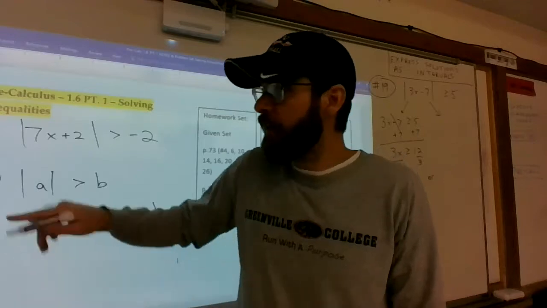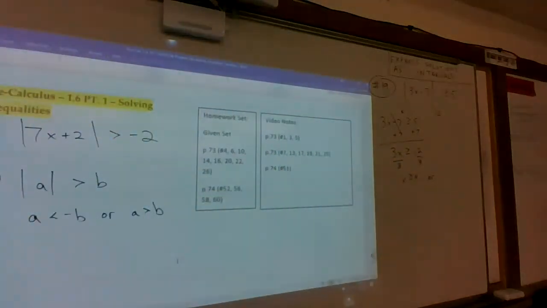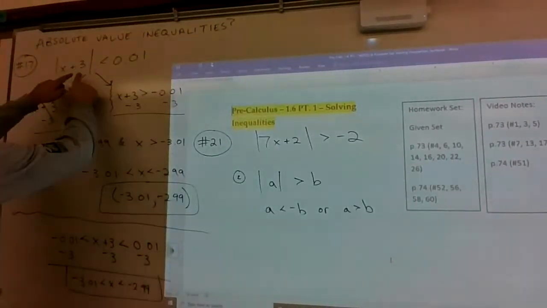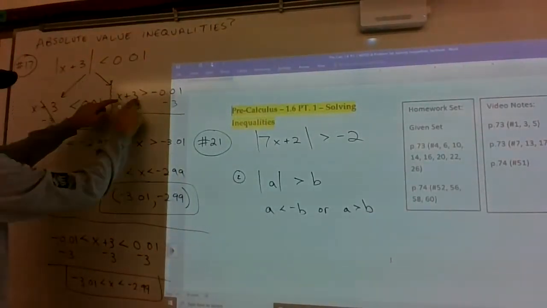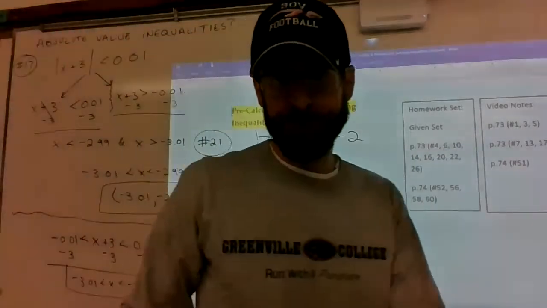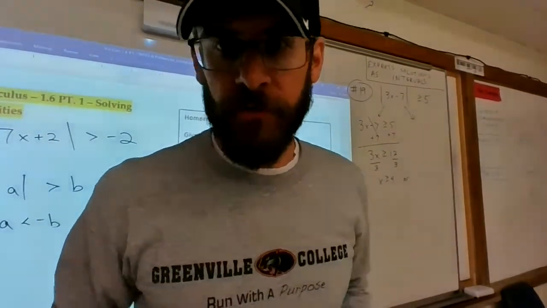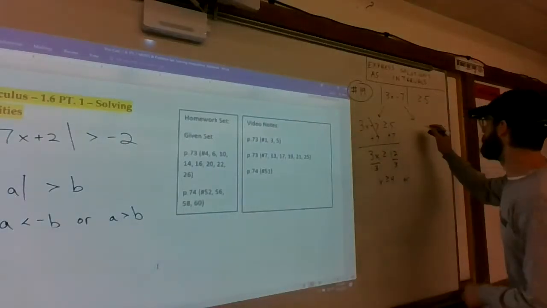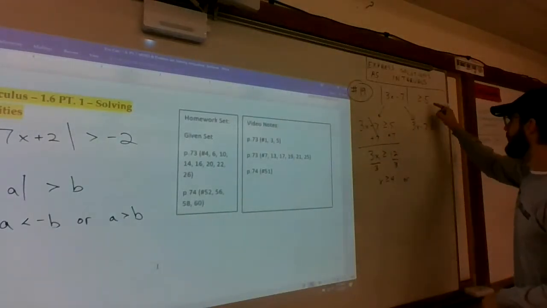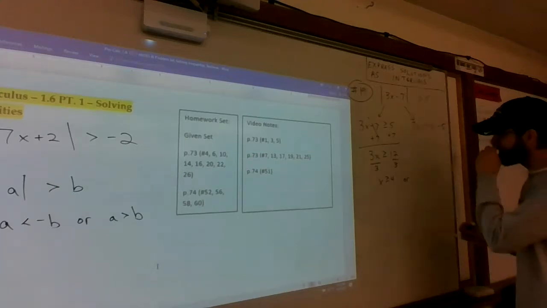That's pretty much what we did over here. You can't see it, of course. We dropped the bars, flipped the sign, made the other side negative. So that's what we're going to do over here. Drop the bars, flip the sign, make the opposite side negative.